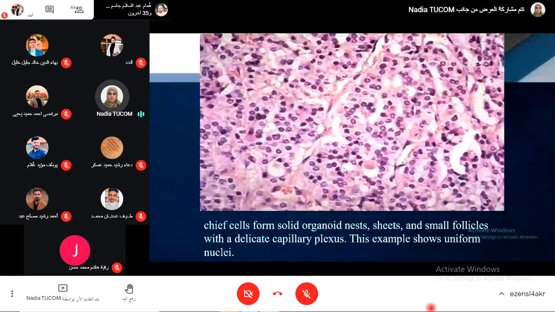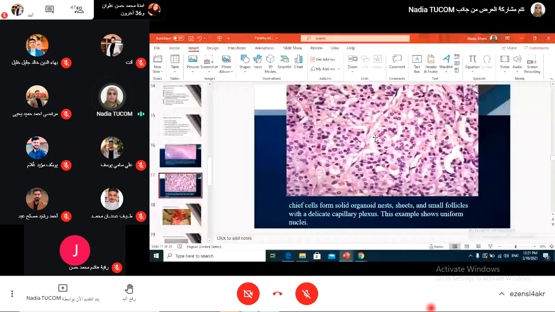Any idea? Exactly: little or no fat lobules within the parenchyma. Yes. Okay.